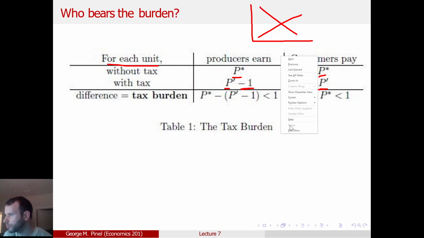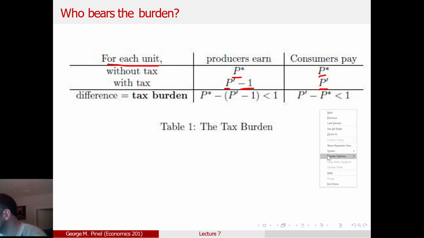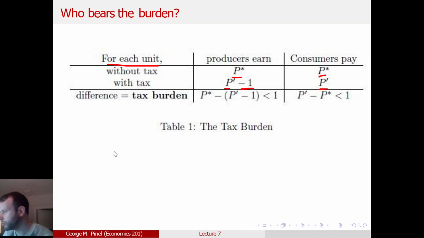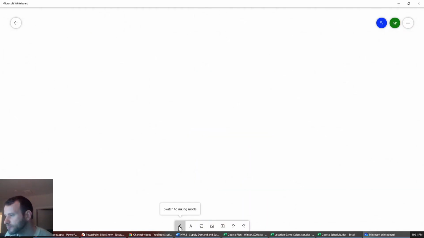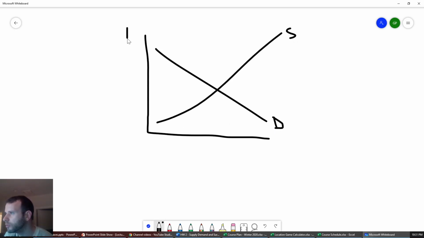If we're going to look at the graph, let me do this on the whiteboard so that I can make it bigger. So if we have our demand, our supply, we have price, we have quantity.